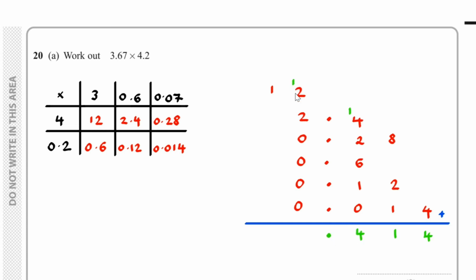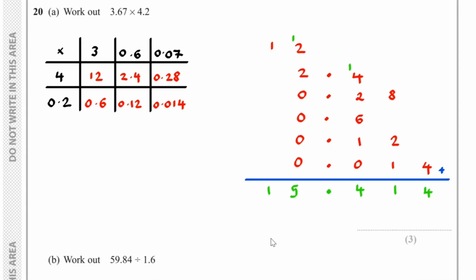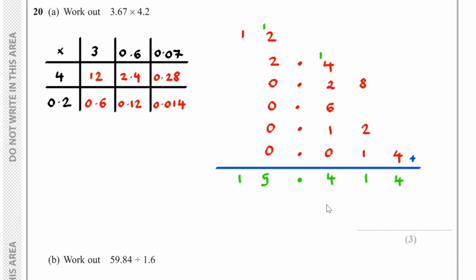And then we carry the 1. 1, 2, 2 and the zeros. That gives 5. And then we've got the 1 over here. And so therefore, when we add all this together, we end up with 15.414 as our final answer.